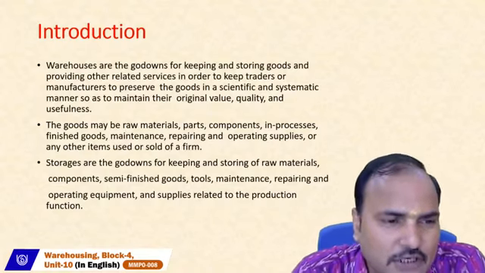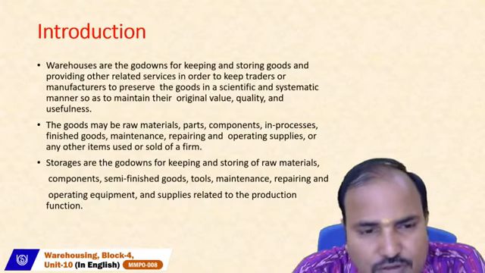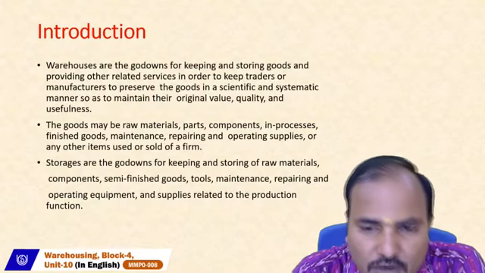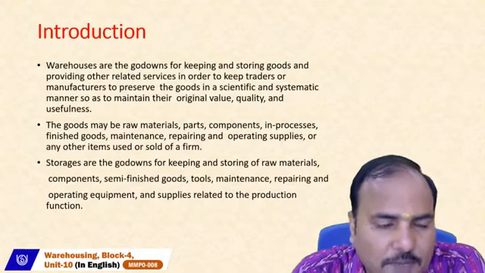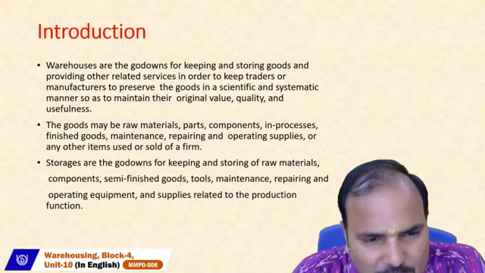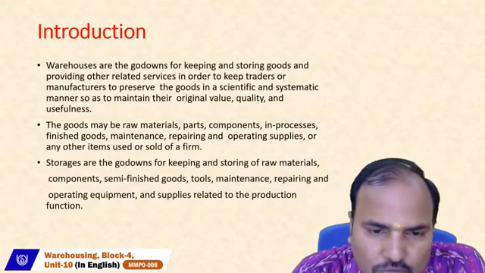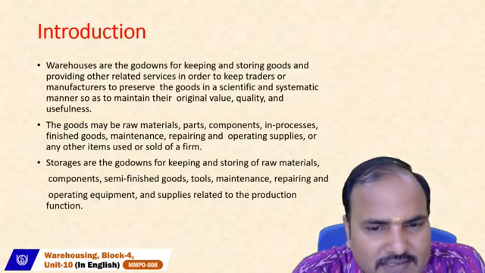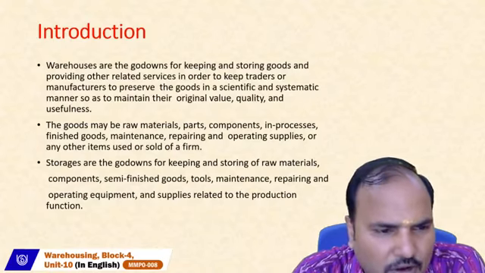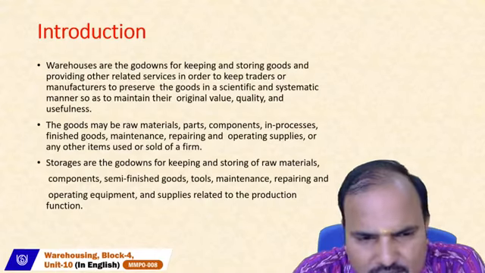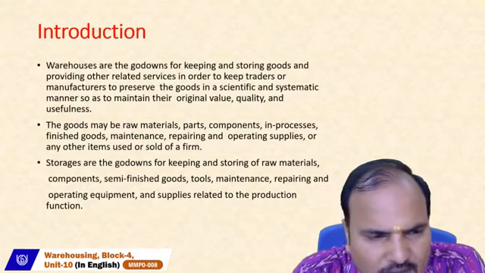So what happens? Storages are the godowns for keeping and storing raw materials, different components, semi-finished goods, tools, maintenance, repairing and operating equipment, and supplies related to the production function.